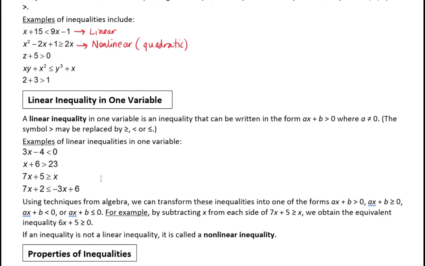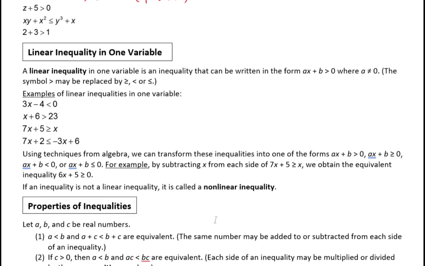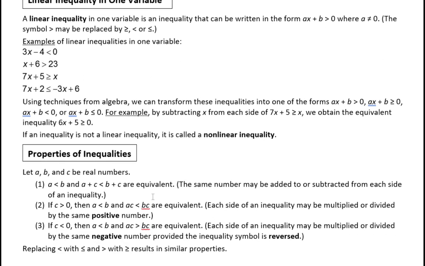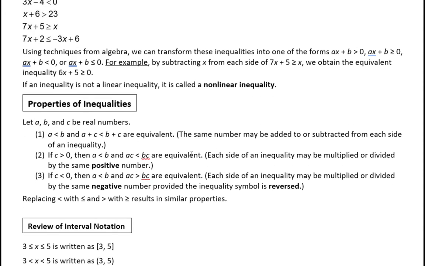Now the point is that it's the same as equations. You may add the same number to both sides, or subtract the same number from both sides. You can add or subtract the same expression or constant from both sides. If you multiply both sides by a positive number, it's still the same.